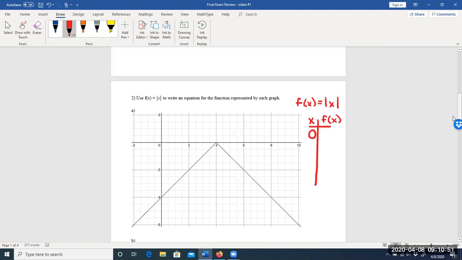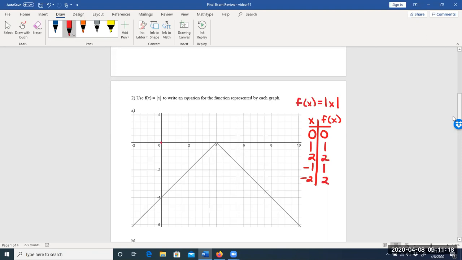If I plug in 0, I get 0 because the absolute value of 0 is 0. If I plug in 1, I get 1, and if I plug in 2, I get 2. Now, unlike the last problem, I can plug in negative numbers. The absolute value of -1 is 1, and the absolute value of -2 is 2.